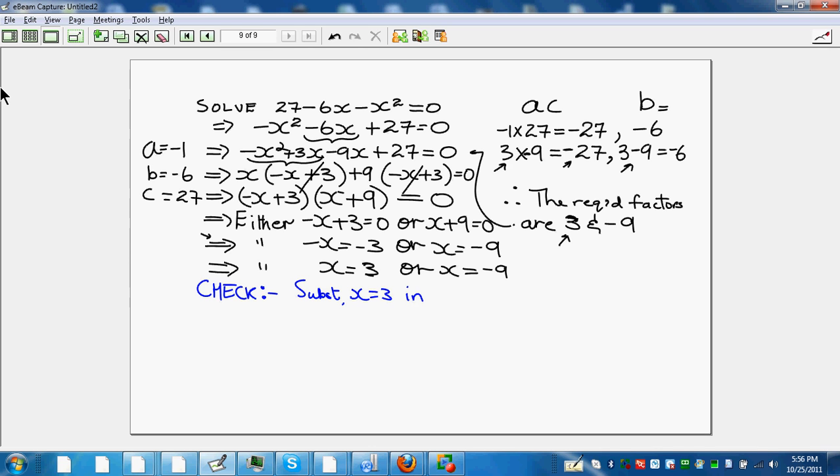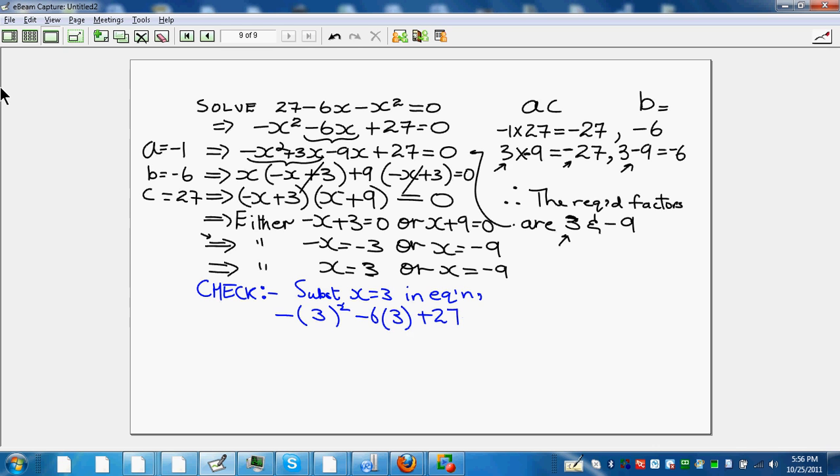We'll have minus x squared, let's use the bracket, so x will be 3 squared, minus 6 multiplied by x, which in this case is 3, plus 27.